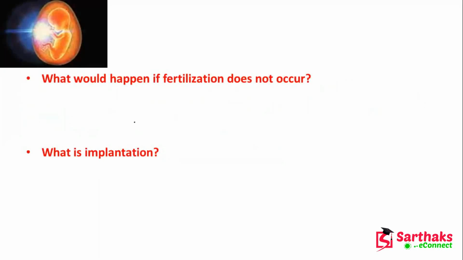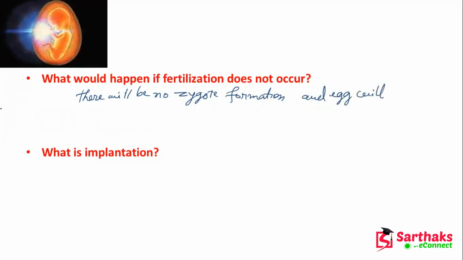If fertilization does not occur, there will be no zygote formation, and the egg will degenerate and shed with the uterine lining.